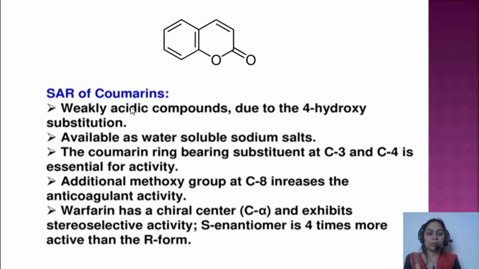SAR of oral anticoagulants or coumarin derivatives. This is the general structure of coumarin. Numbering starts from here: 1, 2, 3, 4, 5, 6, 7 and 8. So first point is a weakly acidic compound due to the 4-hydroxy substitution.